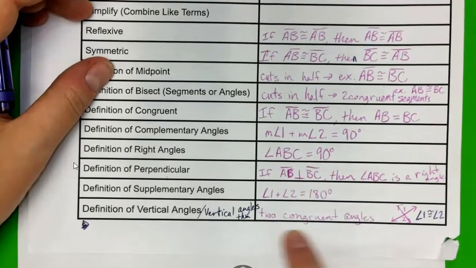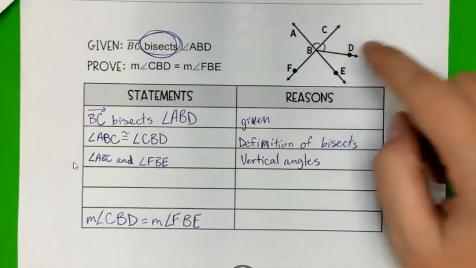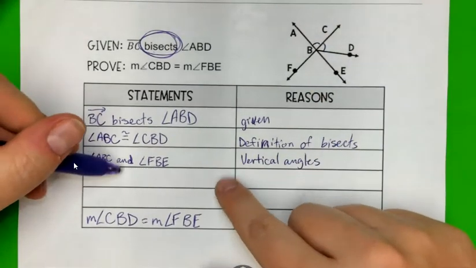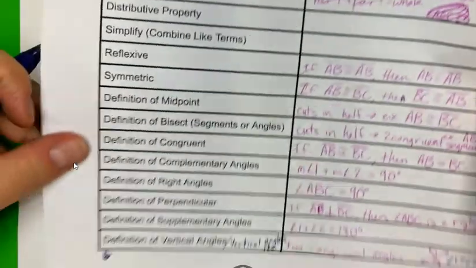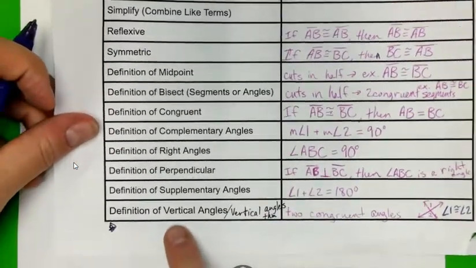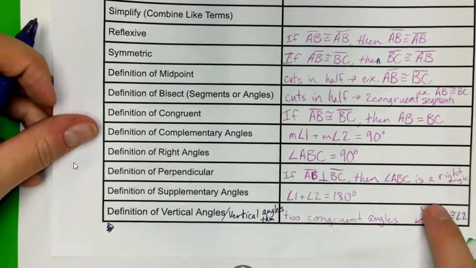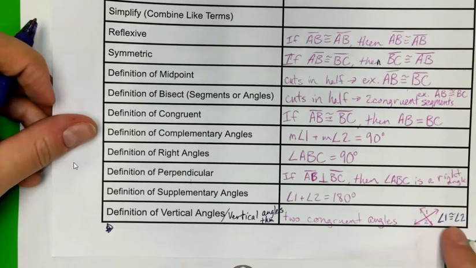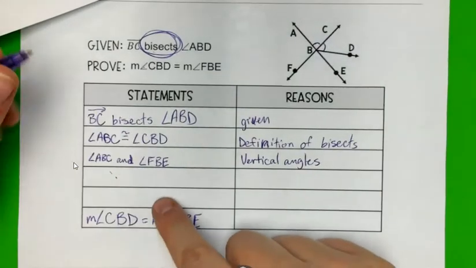Vertical angles show that they're both congruent, but they also show in the picture that they just are vertical angles. So we're writing it out in two separate steps, but for the most part, really you just need to know that vertical angles are created, they're opposite from each other, and also that they are congruent to each other.